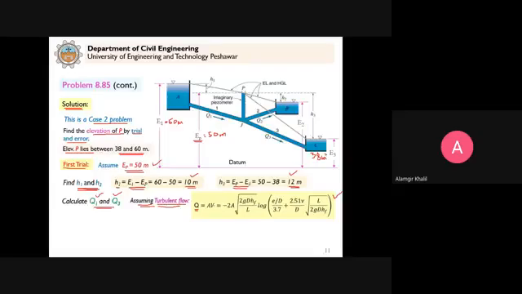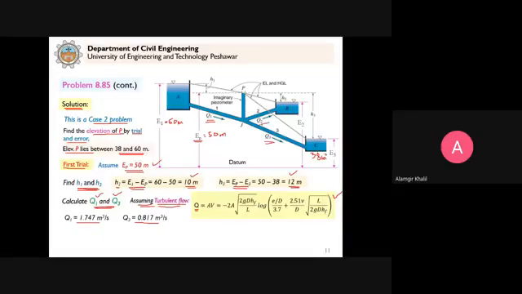Now using this equation, everything is known. This HF represents H1 and H3 to calculate Q1 and Q3. You calculate Q1, it comes out to be this, and Q3 is this.